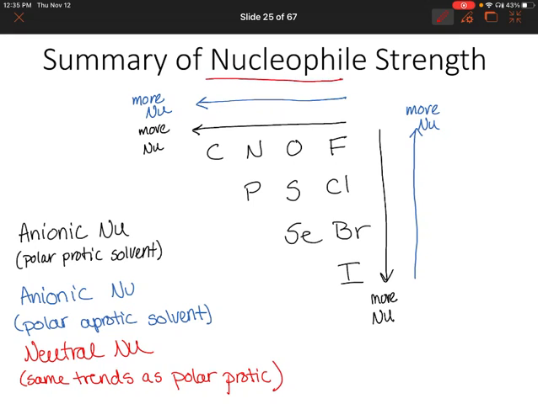So again, nucleophiles are stronger going towards the left if we're comparing things in a row. And nucleophilic strength increases going down a column.